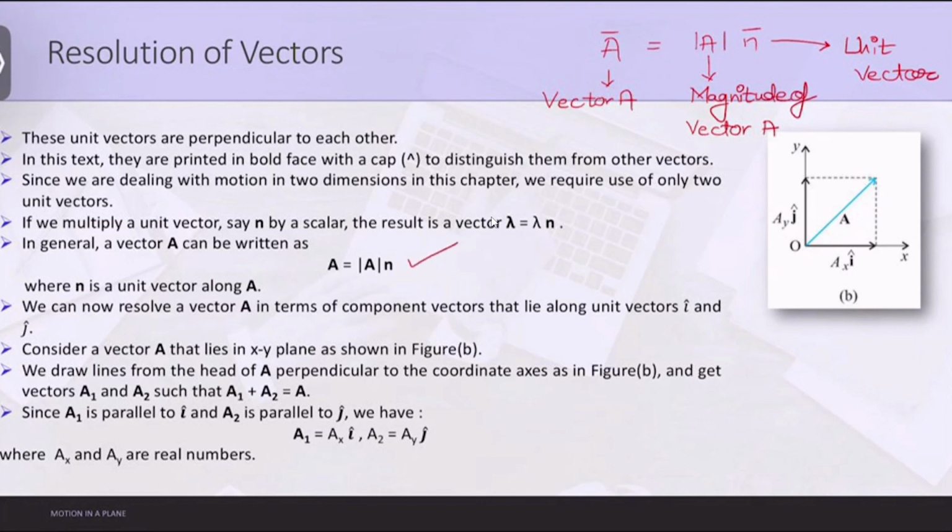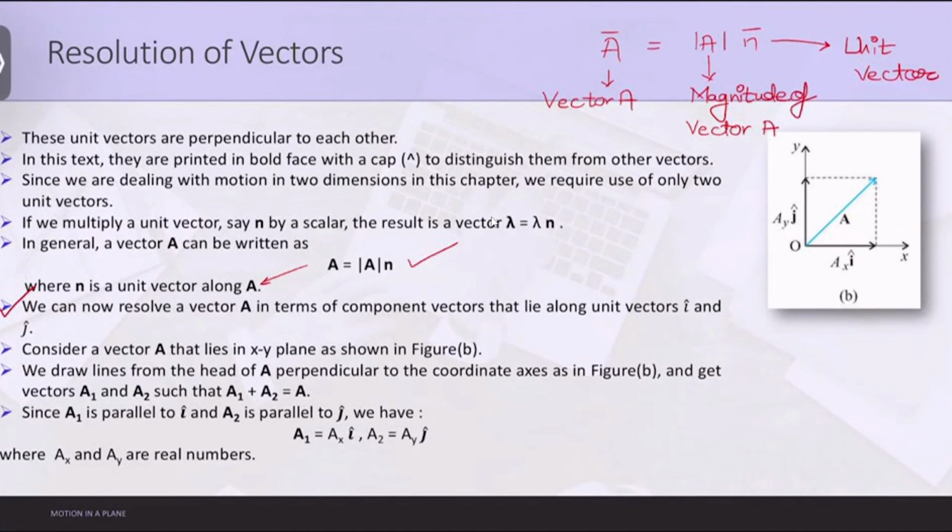Here n is a unit vector along a. This is a very important line, that we are assuming n is a unit vector which is along a. That being said, we can now resolve a vector a in terms of component vectors that lie along unit vectors i and j.